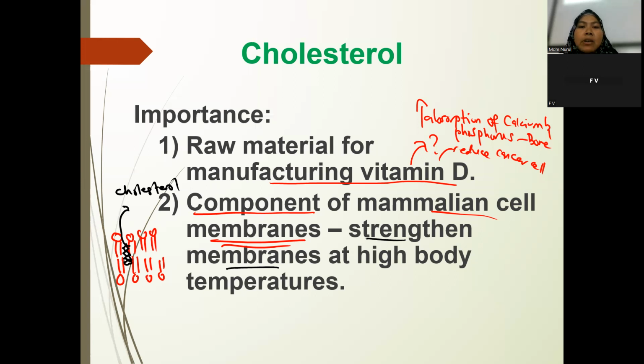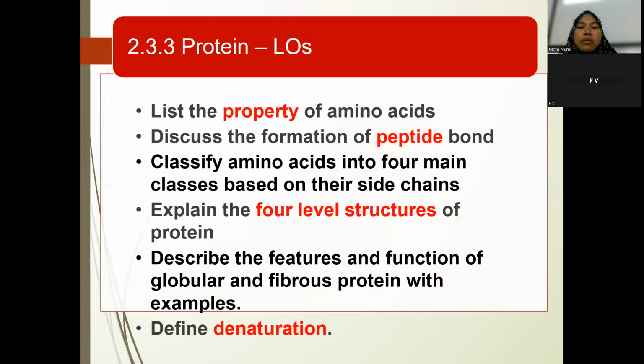Okay, so finish with cholesterol or steroid. Okay, so we have finished with the differences between fat or triglyceride, phospholipid, and also steroid. Okay, right. Okay, next one.